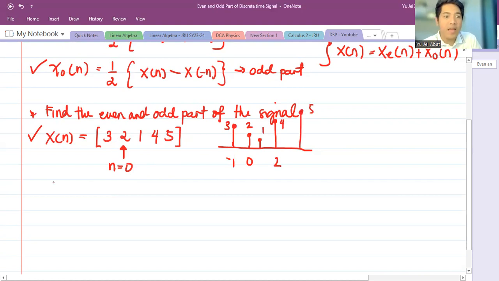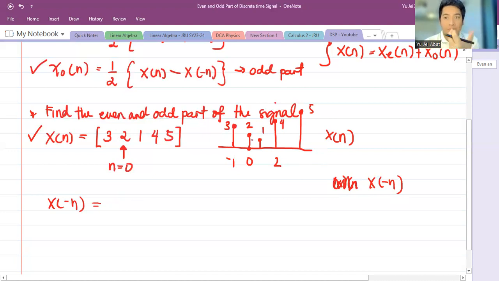So what x of negative n means is that this signal must be flipped over. It's just as if I'm holding the signal at 0 and then flipping the signal. That's one way of manipulating the signal. So the signal becomes like this.